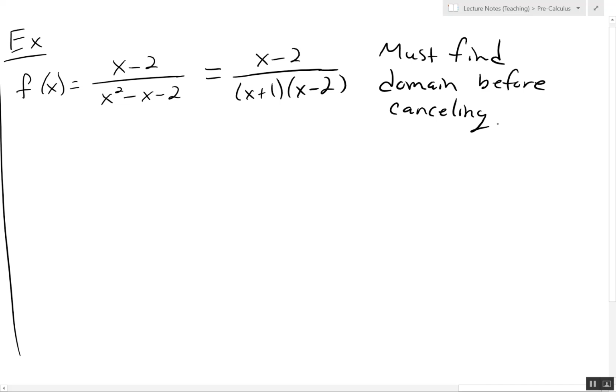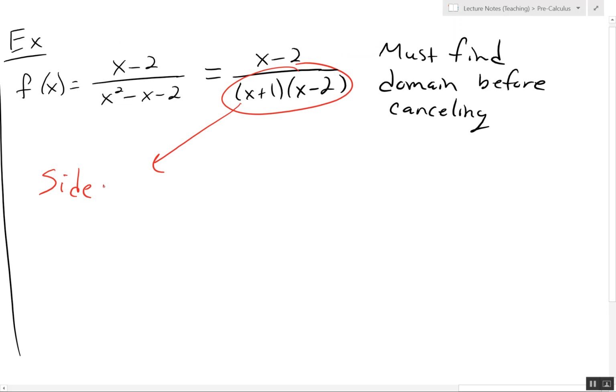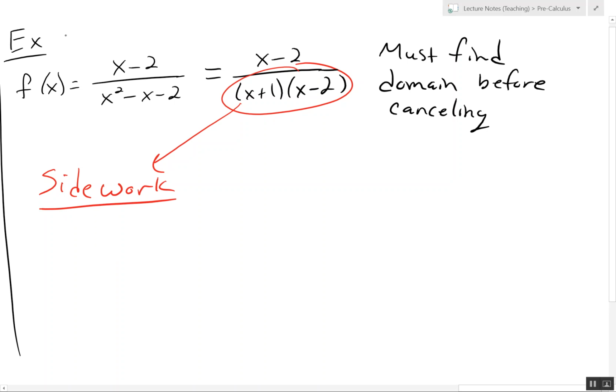So let's do that. Let's again take our red pen. This is the factorization we're going to work at, and we're going to do our side work. This is going to be x plus 1 times x minus 2 equal to 0.